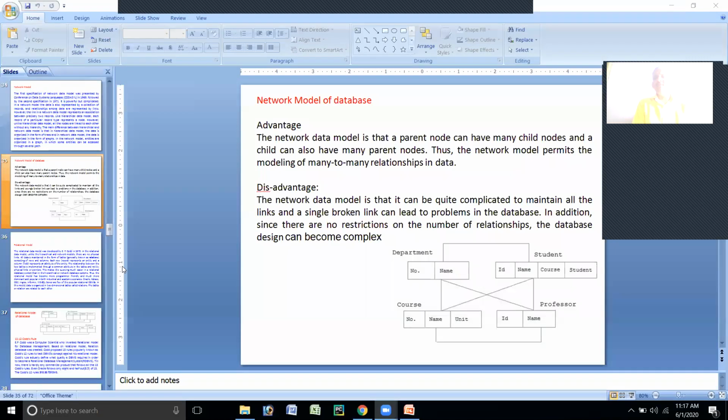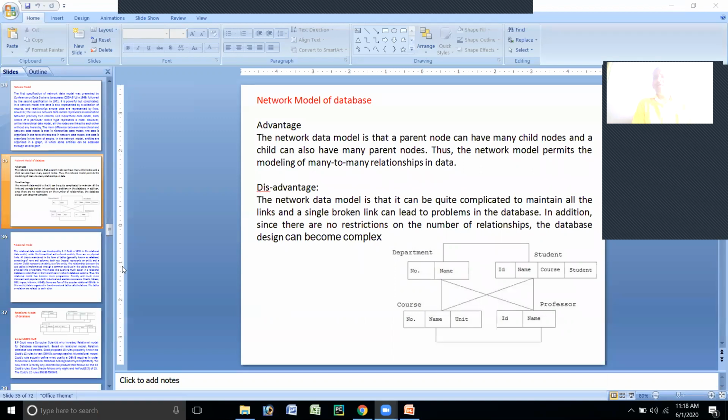See the difference between hierarchical and network. In the hierarchical model, one parent may have many child nodes, but a child has only one parent node. In the network model it differs slightly. The first point is the same: a parent node can have many child nodes, but a child can also have many parent nodes. This is the difference between hierarchical and network. Thus, the network model permits the modeling of many-to-many relationships in data.